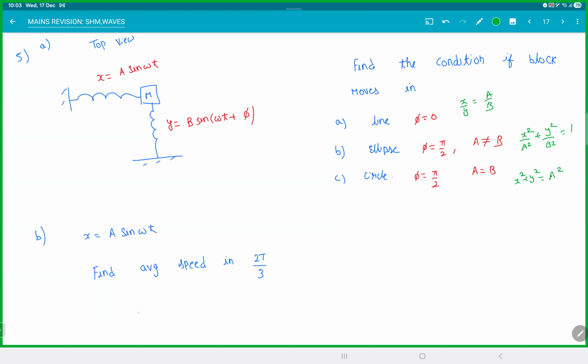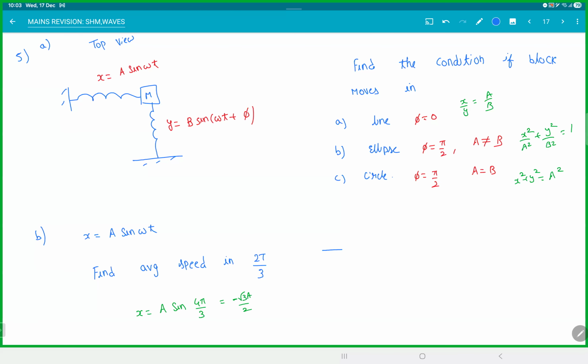So in 2T by 3, where do you exist actually? A sine omega t, 4 pi by 3. That will be minus root 3A by 2.